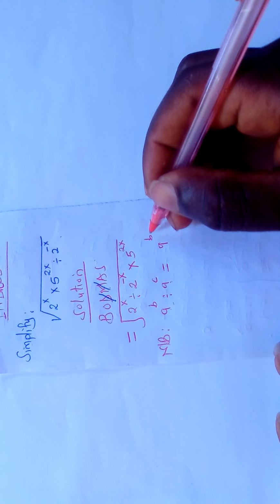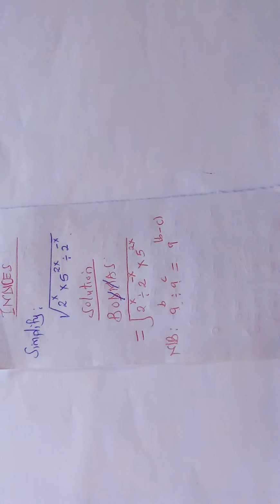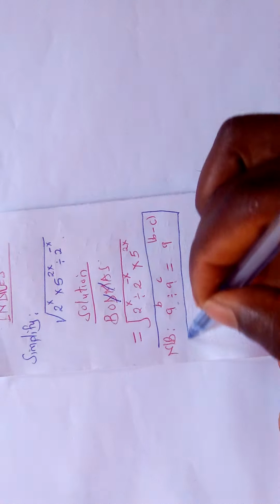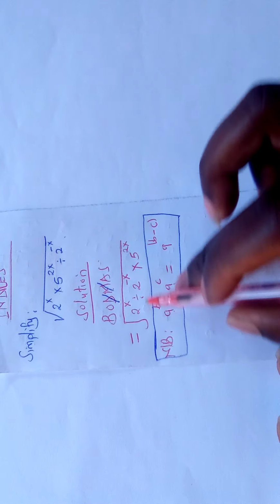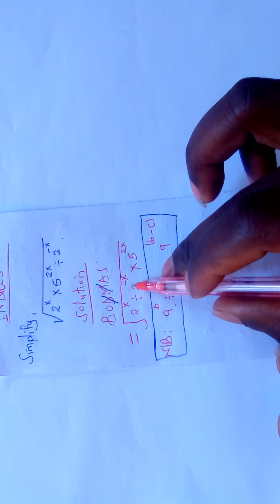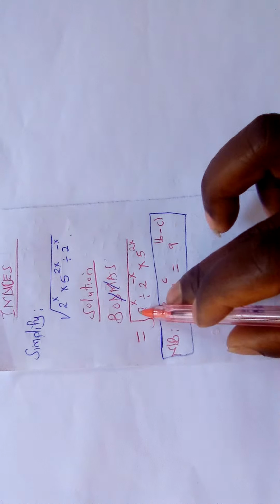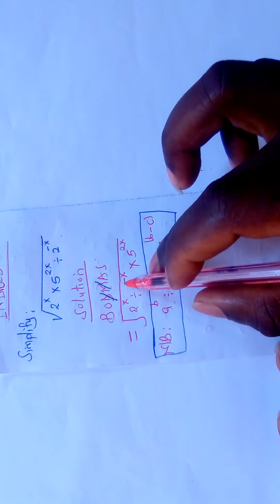So I say a raised to b minus c, and you put brackets there. This is the first note that you must adhere to. To apply it here, the bases are the same and my a is just 2. My b is x in this case, and my c is negative x.